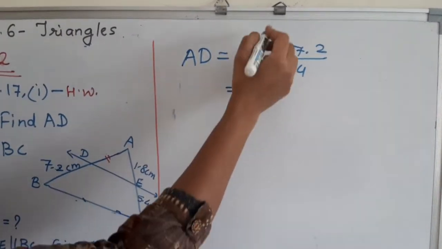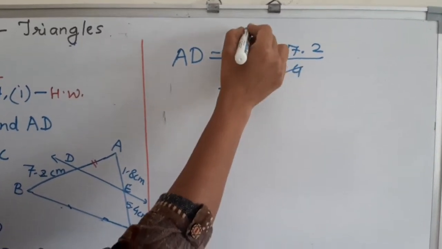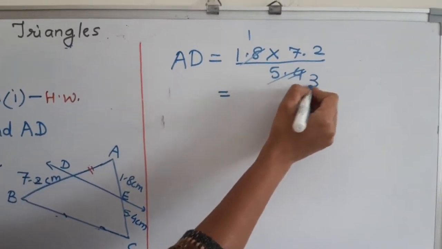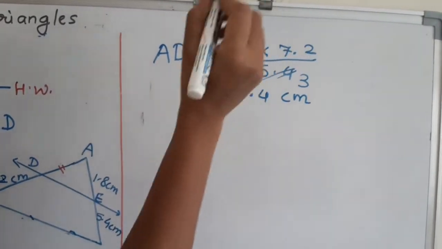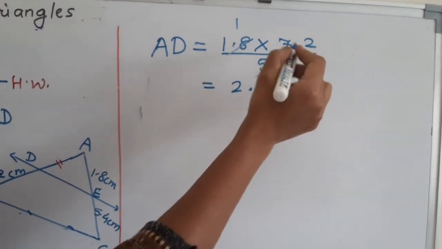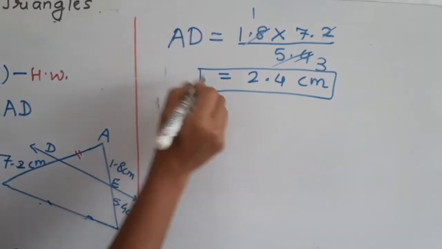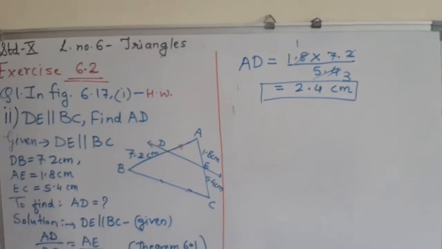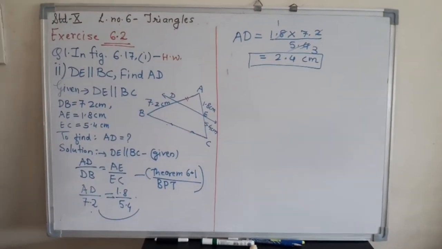Now simplify this, cancel this. 18 threes are 2. So here we get AD is equal to 2.4 centimeter. Take a pause and write down this. Then we will move to the next question.